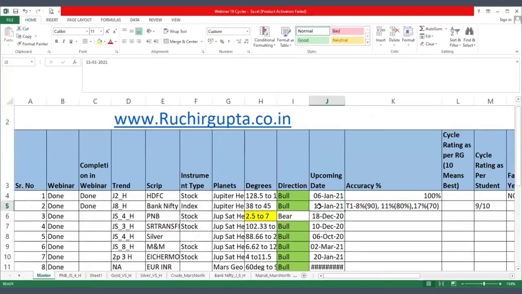Okay. Now 18th December 2020 is the arrival of PNB.